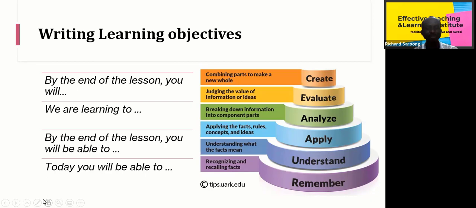So when you say by the end of the lesson, it should come with: are they listening? Are they explaining? So you will learn to explain, then you bring the content that has to be dealt with. So maybe you will learn to explain the factors that influence demand of goods and services, right? That is where you bring the content in.